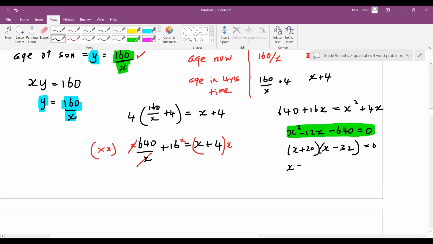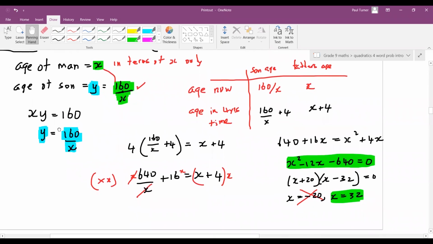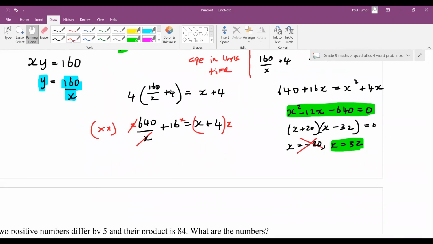So in this case, x will be minus 20, and then x will be 32. Now, ages can't be negative, can they? So this minus 20 for the age can't be used, which means your answer is 32, which is the father's age. So we can say, therefore, father's age is 32.